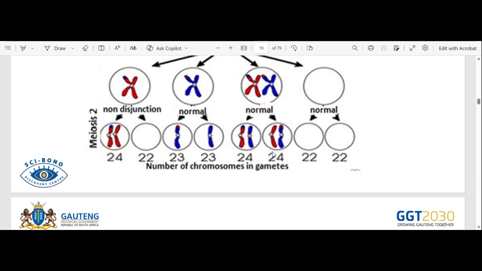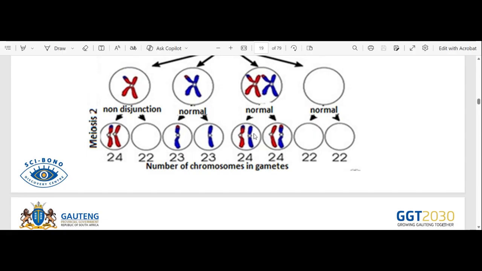Okay? And here, remember, this cell also did not separate. It received an extra copy of a chromosome. So if it received an extra copy of a chromosome, it means the cells you have at the end of meiosis 2 will have extra copies of a chromosome.